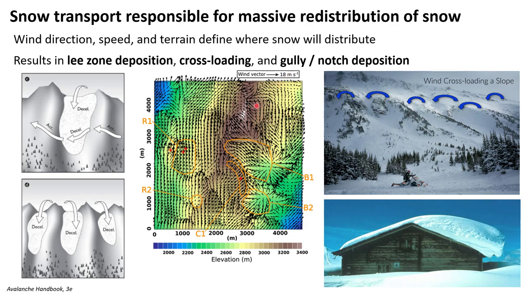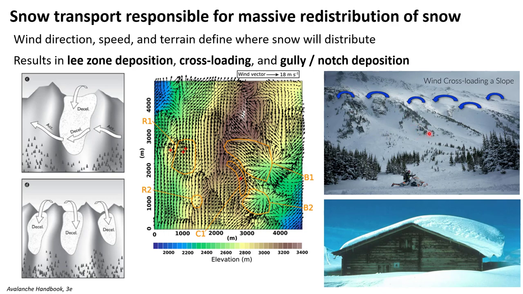But within all of this complex terrain, here you have a gully, here you have a ridge, you have a bowl feature here at the base of a peak. You can see completely different wind patterns, velocities and directions as a function of where exactly those features lie relative to the net wind vector.